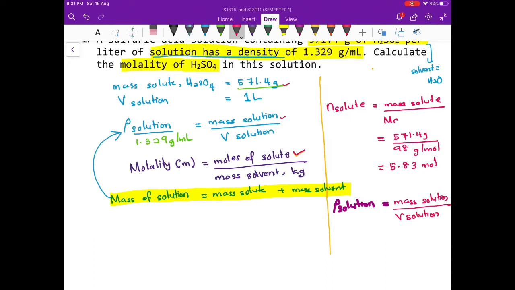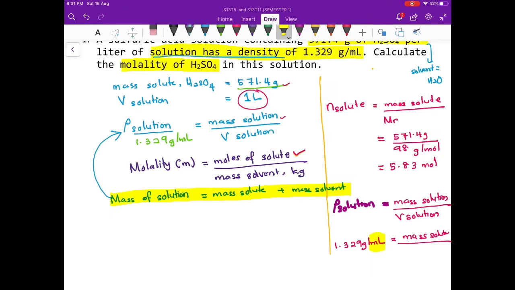The density of solution that we have is 1.329 gram per ml. We want to determine the mass of solution. What is the volume of the solution? The volume of the solution that we have is in liter, but the unit for our density is milliliter.